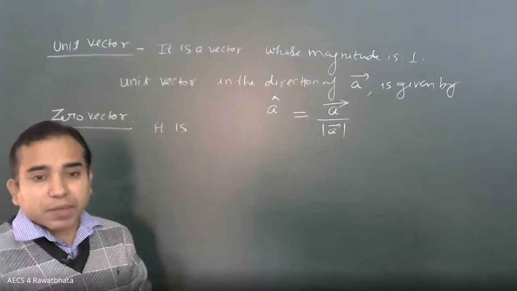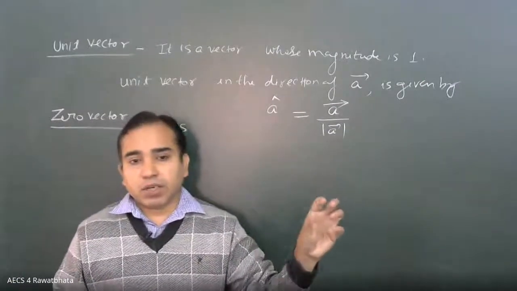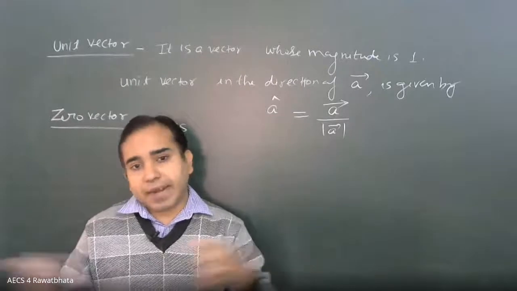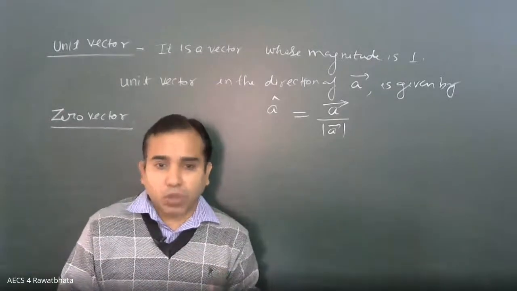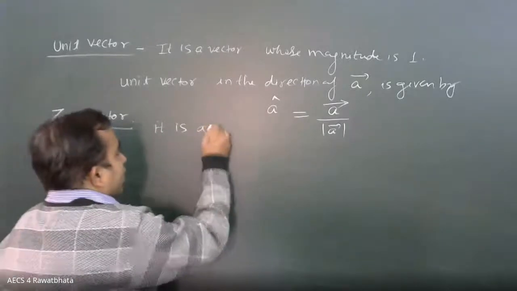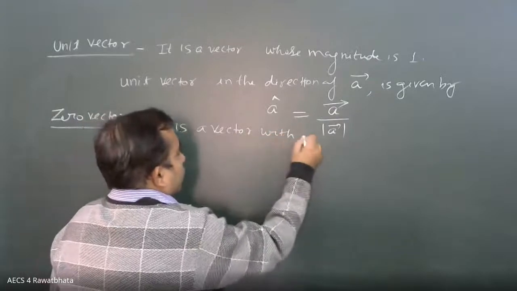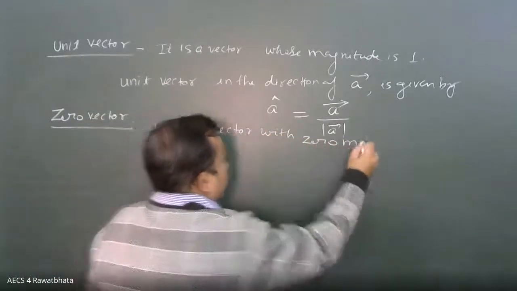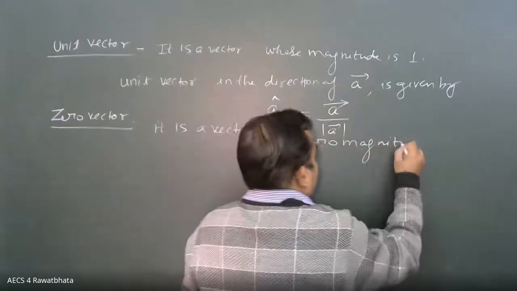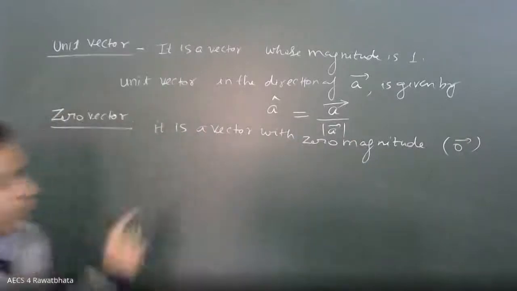But as a concept, many times we suppose a 10 unit vector is in north direction, a 10 unit vector is in south direction. We add them, the resultant is 0. So in those senses it is useful. It is a vector with 0 magnitude. We denote it by this 0 vector.